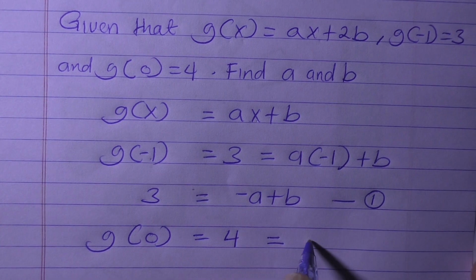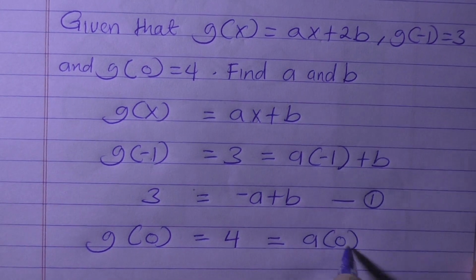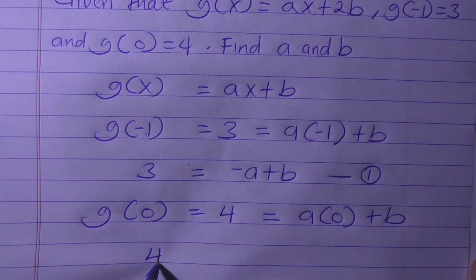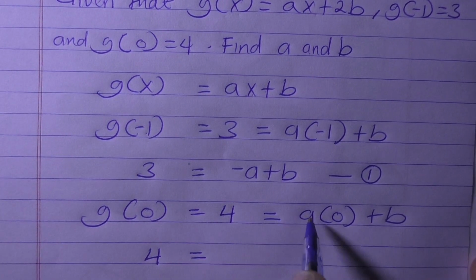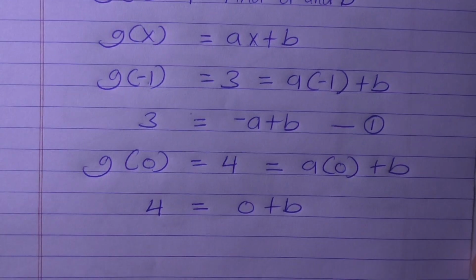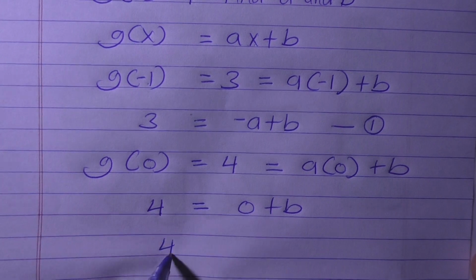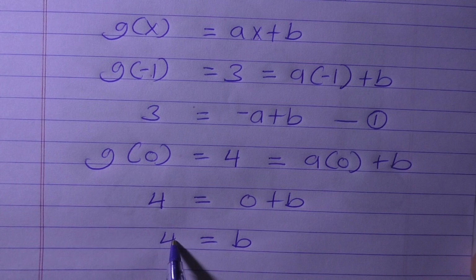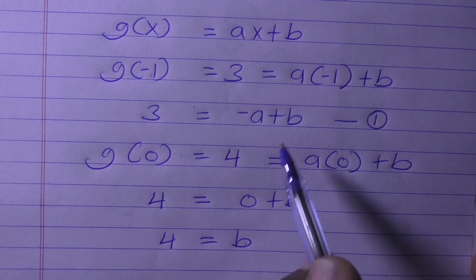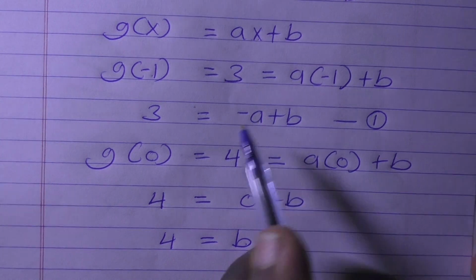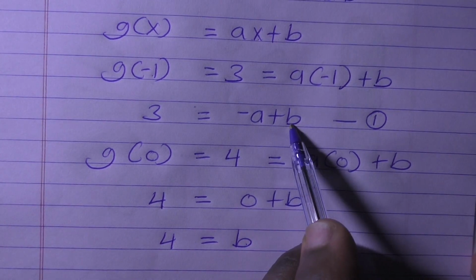So that gives us a into 0 plus b, hence giving us 4 equaling a times 0 is 0 plus b, which gives us 4 as the value of b. And now, after getting the value of b, we can use the generated equation to get the value of a by substituting in for b.